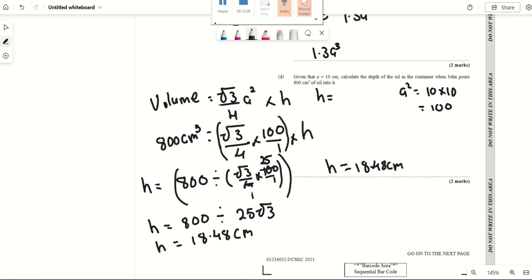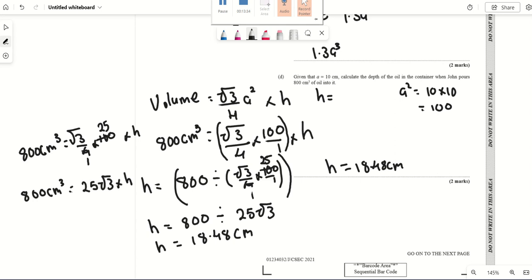Just to further explain this, if I had 800 centimeters cubed is equal to 3 over 4 multiplied by 100, root 3 over 4 multiplied by 100 multiplied by h, I could have said 0.41, 0.125. So now I have 800 cm cubed is equal to root 3 by 25, which is 25 root 3, multiplied by h.